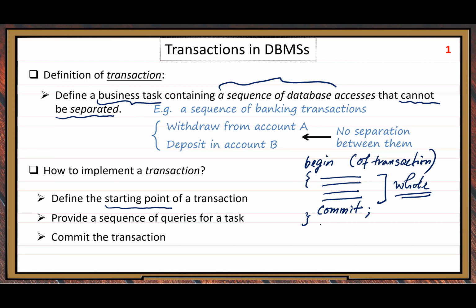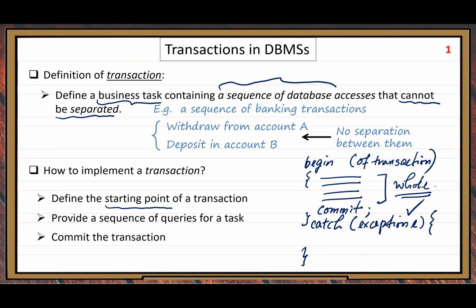Then the catch block. Here I use a Java example. In the catch block, you may have some exception. When something happens and there is some exception, we're in this catch block.